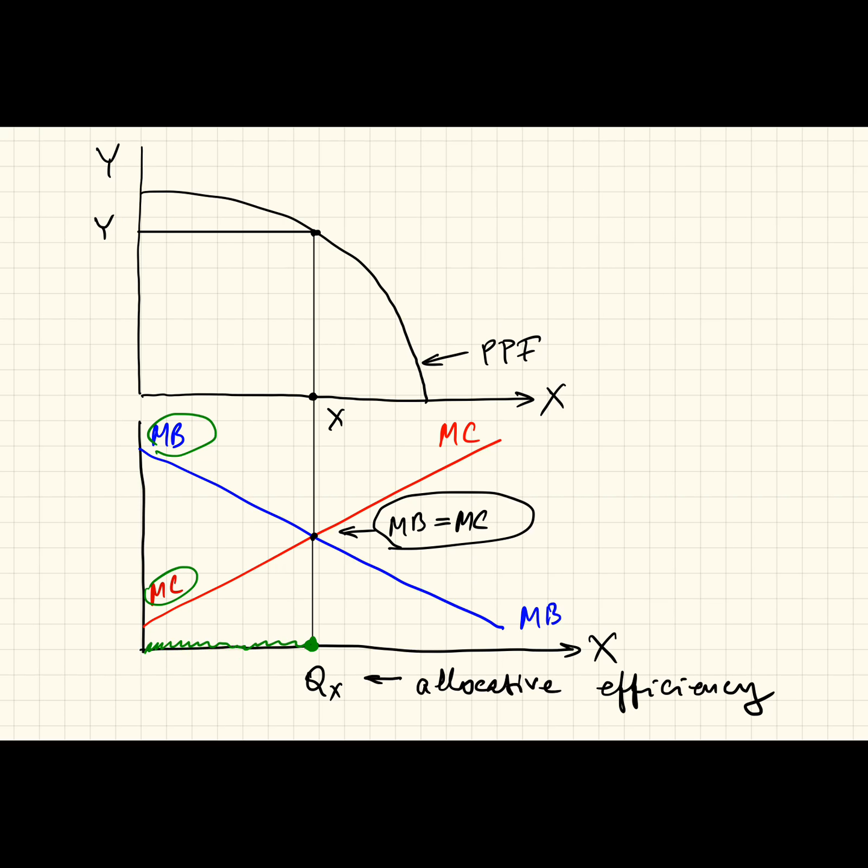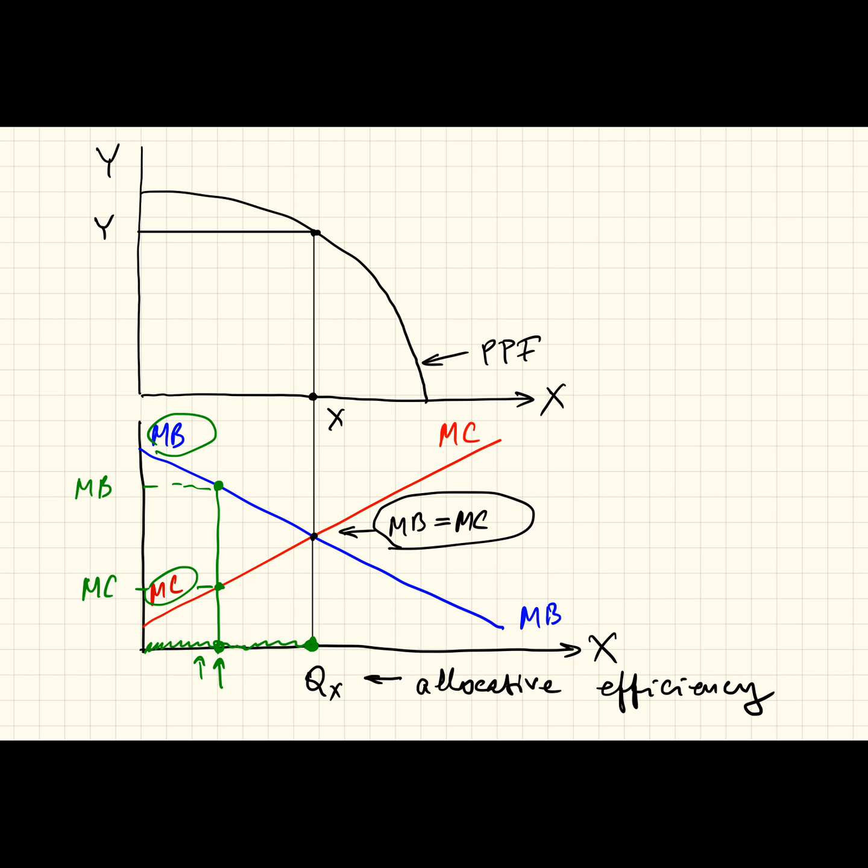And what is true for every unit here is that, for example this particular unit, if you draw a vertical line, you can measure marginal benefit and marginal cost for this particular unit. And as you can see, according to these diagrams, marginal benefit at this point exceeds marginal cost. So this unit is worth being produced because the benefit from consuming it exceeds the cost of making it.